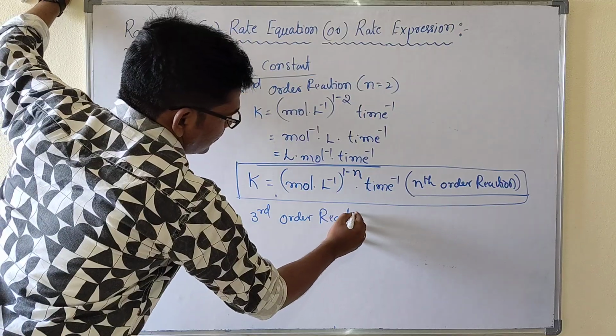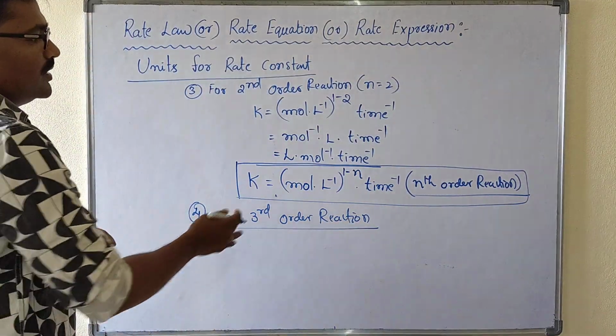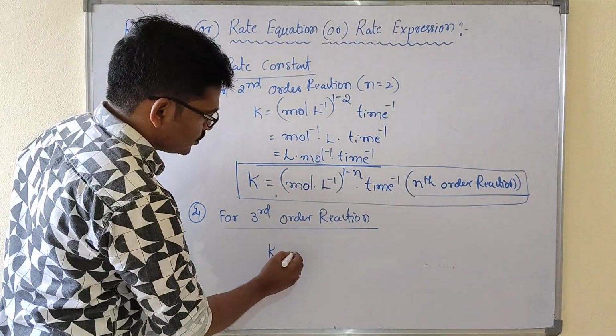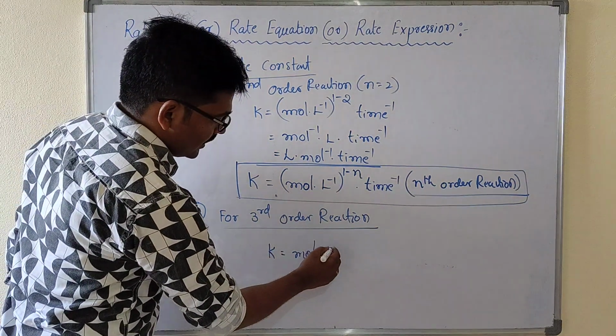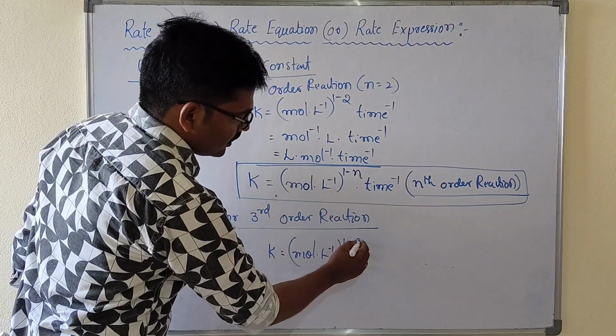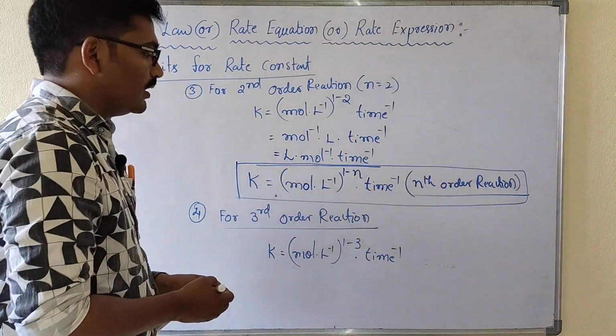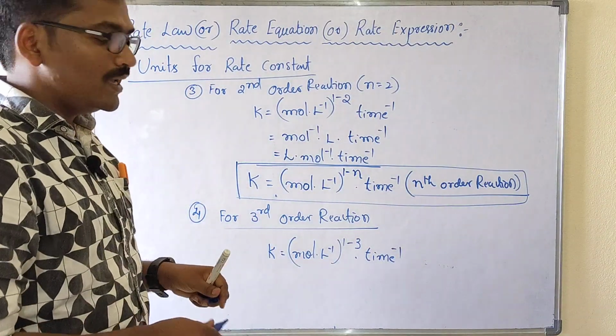How can you take the third order reaction? In the place of n you have to take 3. So K equals mole liter inverse to the power 1 minus 3, then time inverse as usual. Then 1 minus 3 gives minus 2.